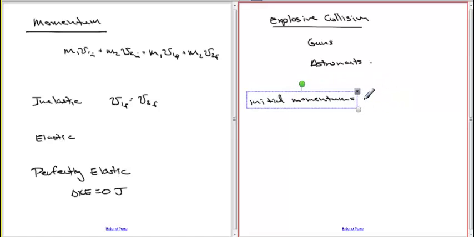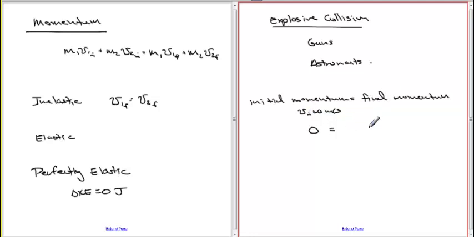Initially the momentum is 0 because velocities are 0. So basically this side is 0 just because no velocity. V initial equals 0 for both cases. For the final, what happens is you've got momentum going one direction and momentum going the other direction. So you've got a minus part and a plus part, and these things, the mass times the velocity, have to be the same. Okay, so that's all I'm going to say about that.